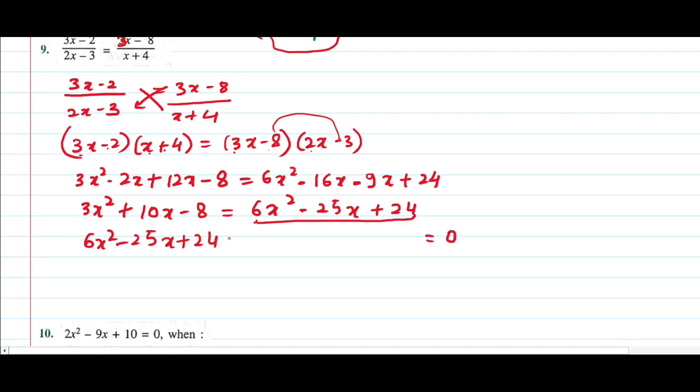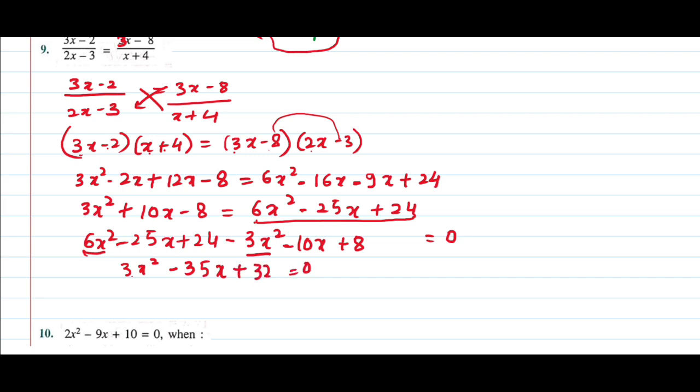I'll take this term to this side, that is minus 3x square plus 3x square becomes minus 3x square, and plus 10x becomes minus 10x, minus 8 becomes plus 8. Now if I simplify this, I'll get 3x square, minus 25x and minus 10x is minus 35x, and plus 24 plus 8 is plus 32, which is equal to 0.